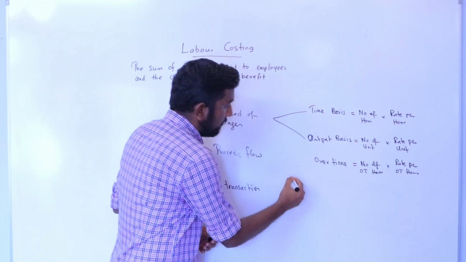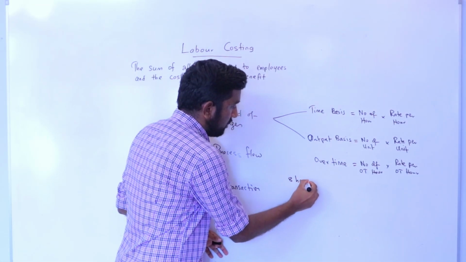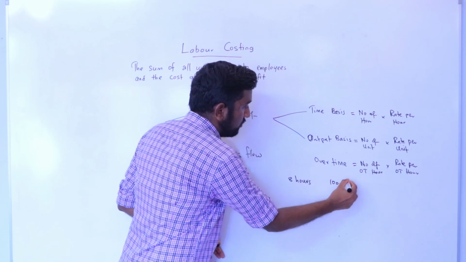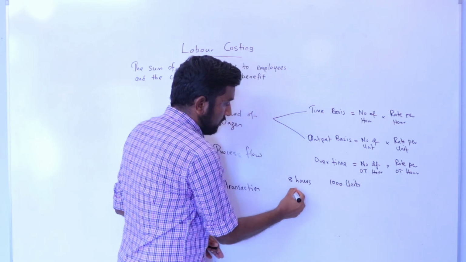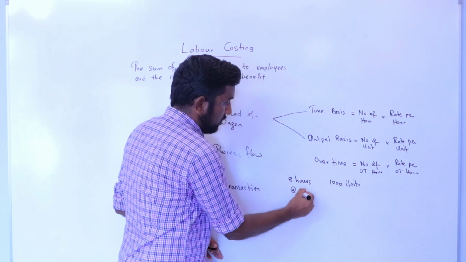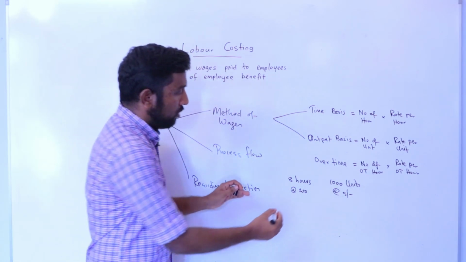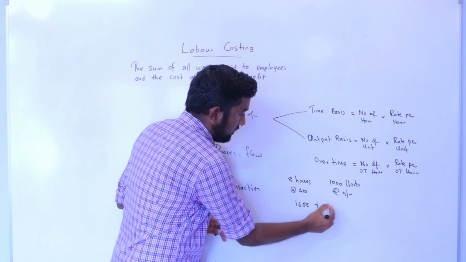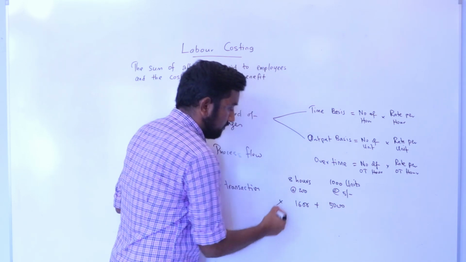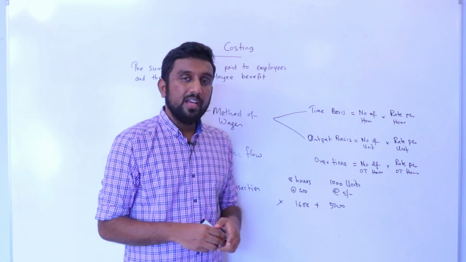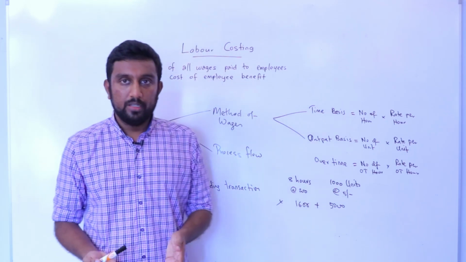For example, if one employee works for 8 hours and he produced 1000 units, and for 1 hour they are paying 200, and for 1 unit they are planning to pay 5. No business will pay 1600 plus 5000, right? Because if they are doing so, it means they are paying twice.